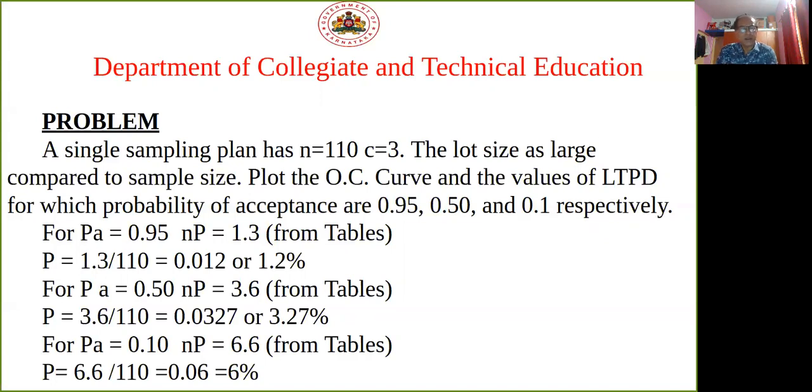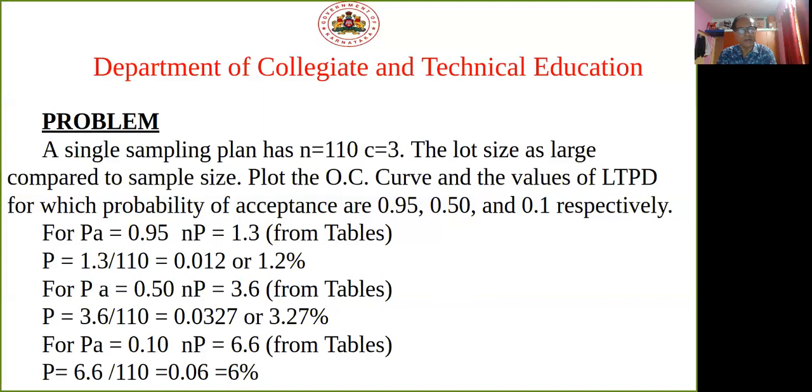Now here he has given the value of PA. PA is equal to 0.95, and from the tables we get NP equals 1.3.